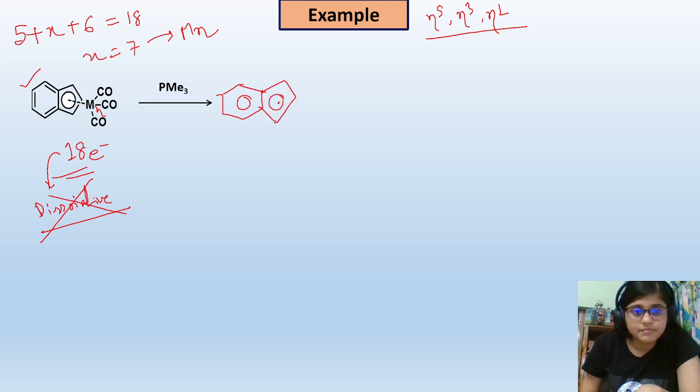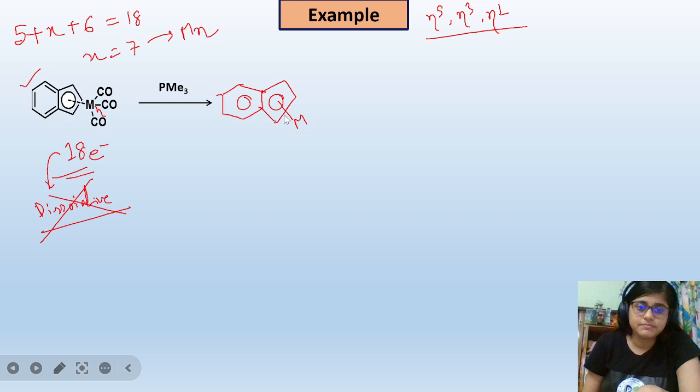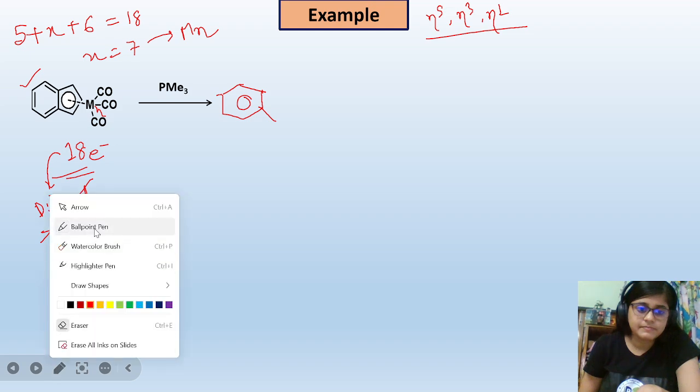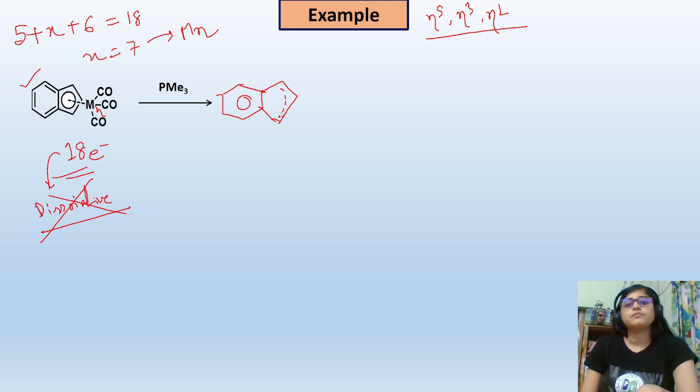This metal, sorry, this is again the same thing, right? This is what will happen here, the 5-membered ring.